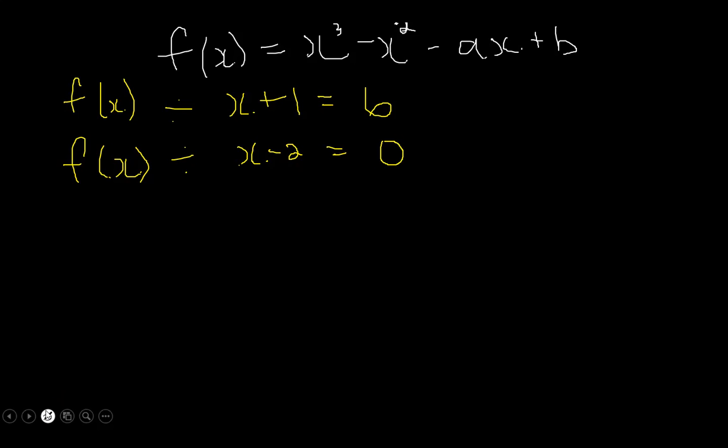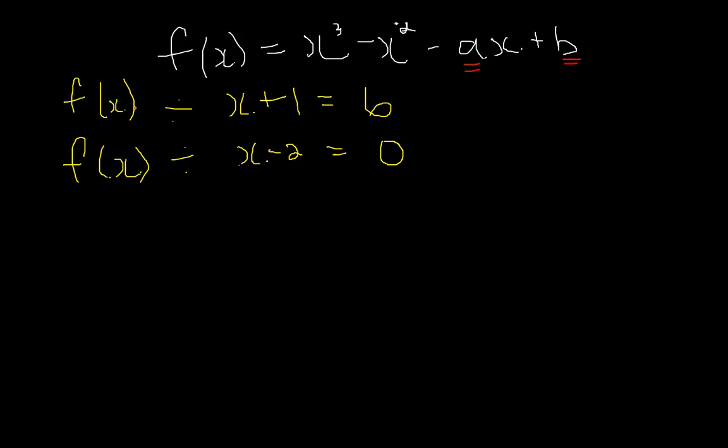Remember, I told you, whenever finding two constants, not just for this topic, not just for this subject, for any math-related subject, whenever you have to find two constants, not one, most likely you're going to end up with two equations and you need to solve them simultaneously to find the values of each. So how exactly do I get those two equations?